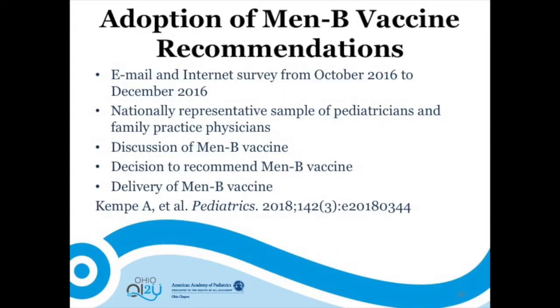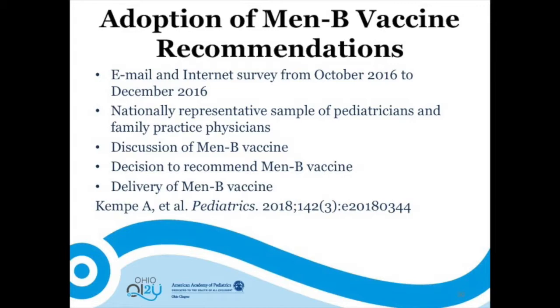Next slide. This slide examines the adoption of meningococcal B vaccine recommendations. The reference at the bottom is a study published in Pediatrics in 2018 with Allison Kemp as the lead author.